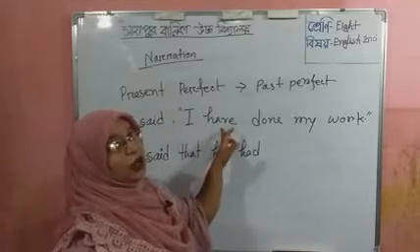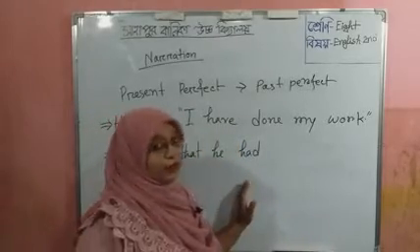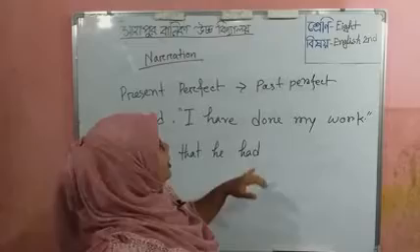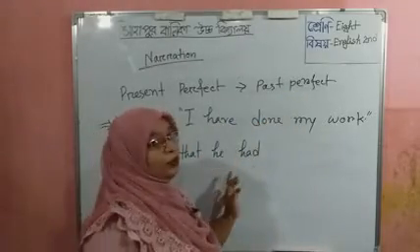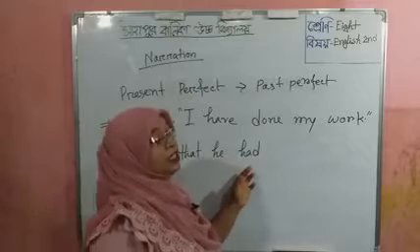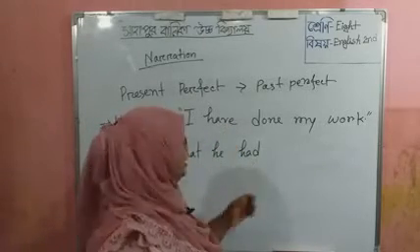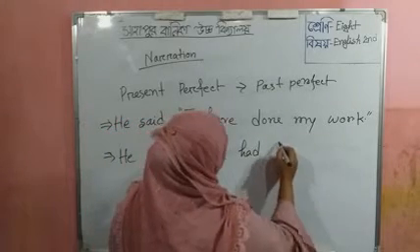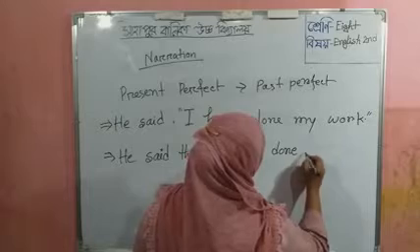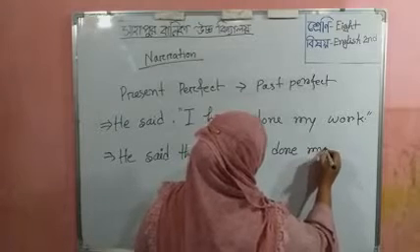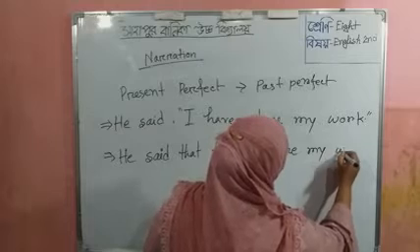"Have" is the auxiliary verb of present perfect. According to the rule of tense, when we change it to past perfect, we change "have" to "had." Here we change the auxiliary verb, "have" to "had." "Done" is not changeable because it stays the same in past perfect.